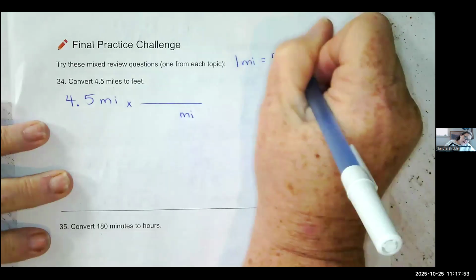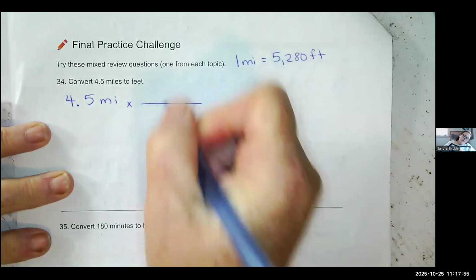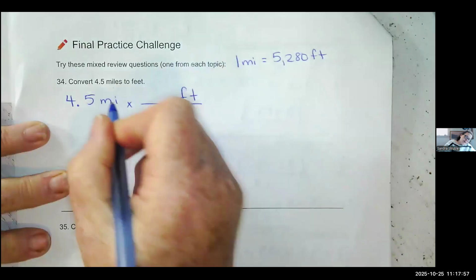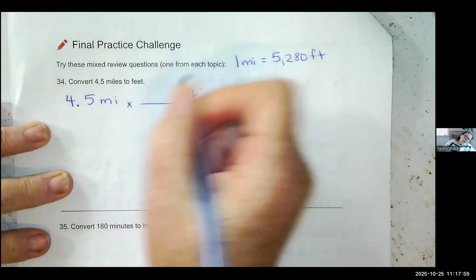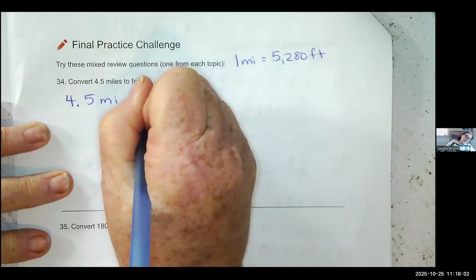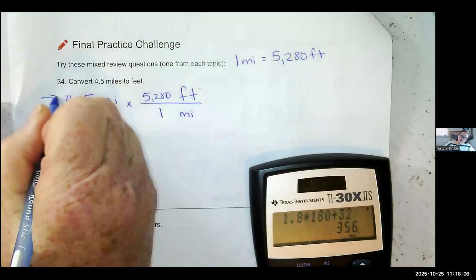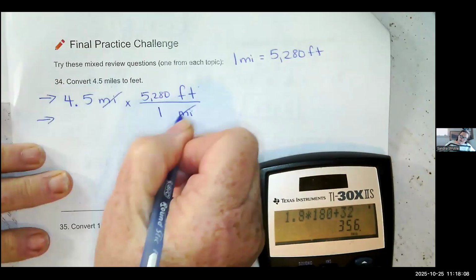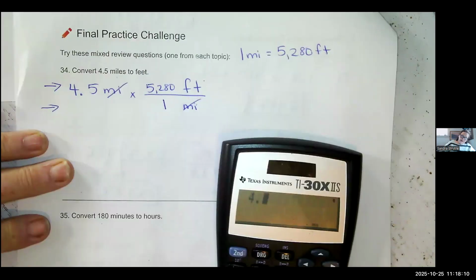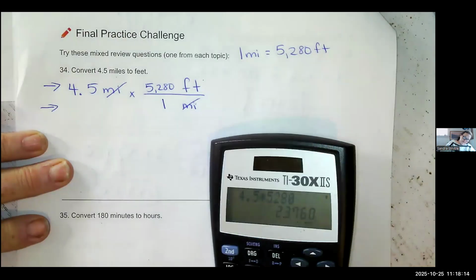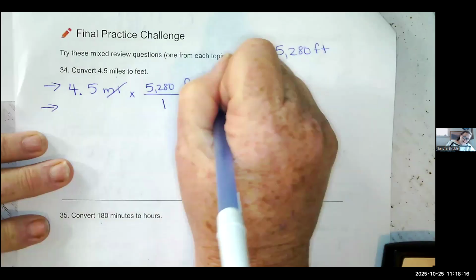So we're going to feet. Miles will cancel off. We're left with feet. Fantastic. Now we just plug in our numbers. 1 mile is 5,280 feet. Multiplying straight across. Miles are gone. 4.5 times 5,280 is 23,760. Do not forget your unit.